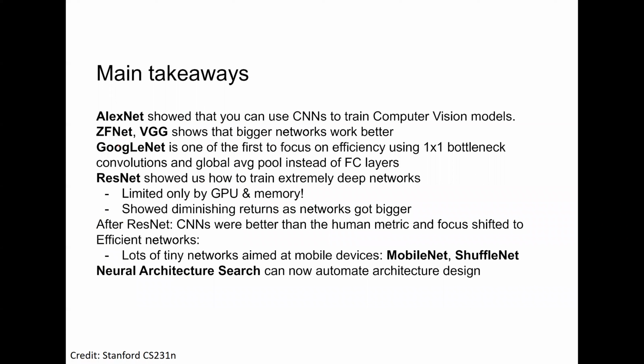The main takeaways are like this. AlexNet demonstrated that you can use CNNs to train computer vision models. ZFNet and VGG showed that bigger networks are better. GoogleNet or InceptionNet is one of the first to focus on efficiency using one-by-one bottleneck. ResNet showed us how to train extremely deep networks, and this was the first network that was better than human performance.